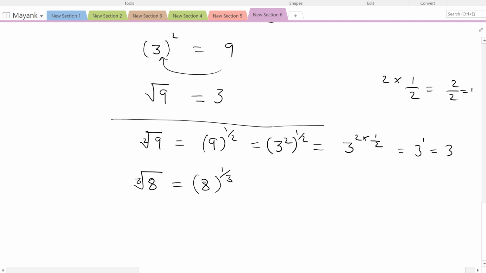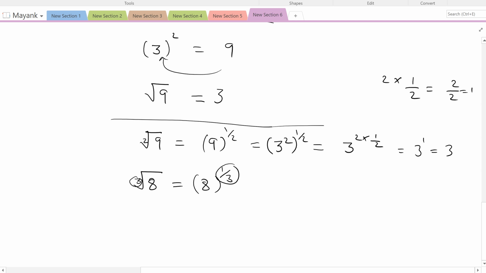Now let's do that one. I have cube root of 8. The cube root means 8 powered by 1/3. Right? The third is 3, so you write 1 over 3. Now the next thing is we have to get rid of this thing basically.